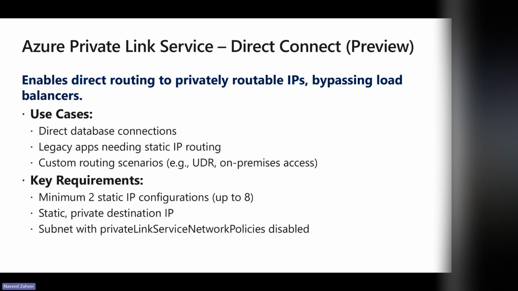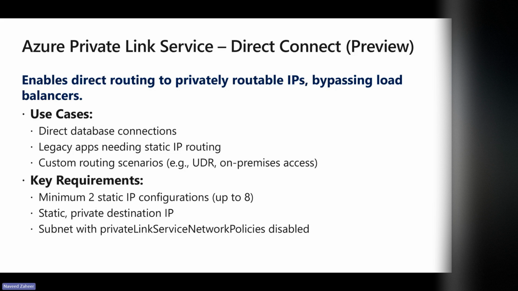What this does is, in my opinion, a very, very powerful feature. It gives you the ability to create a private link service without requiring a load balancer. And it's not just that. Let's say you have an endpoint that is inside a VNet or accessible from that VNet, for a service running on-prem, and you have an ExpressRoute linked to that.